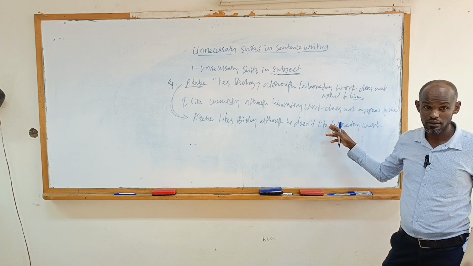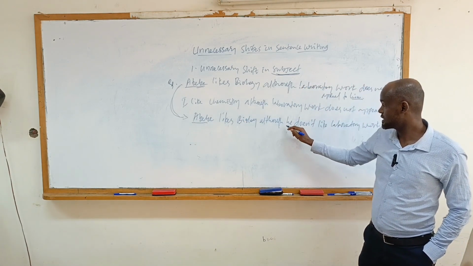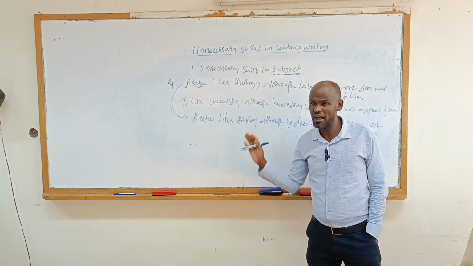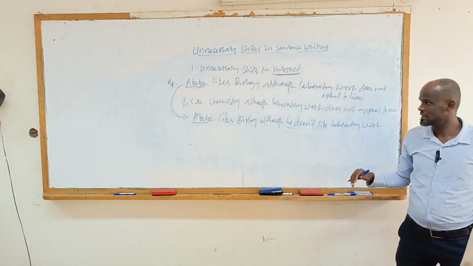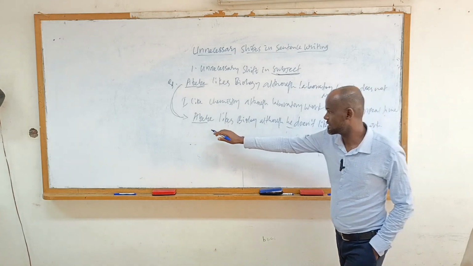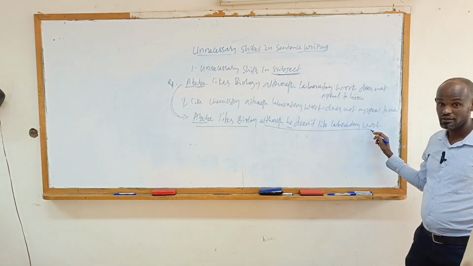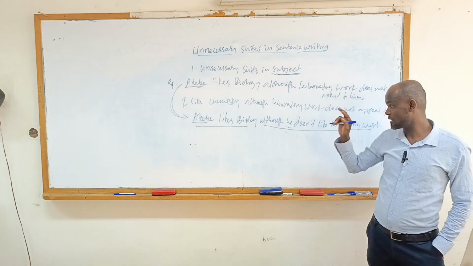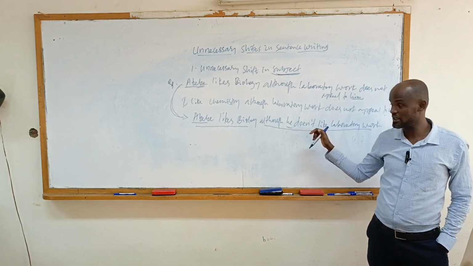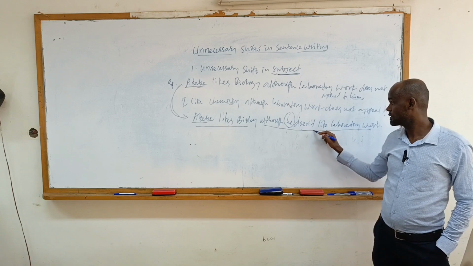I think this one, because Abebe is a subject, he refers to this subject. Why do we need to make an unnecessary shift from subject to object? This is independent and this one is dependent. If you remember, we said the dependent clause itself has a subject and a verb.